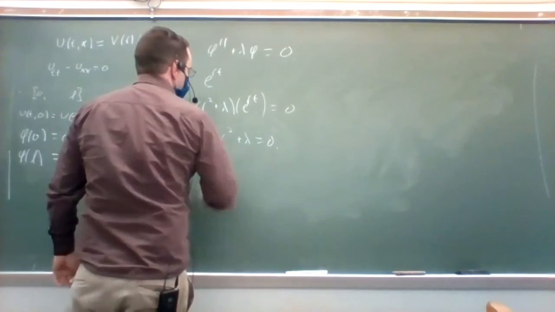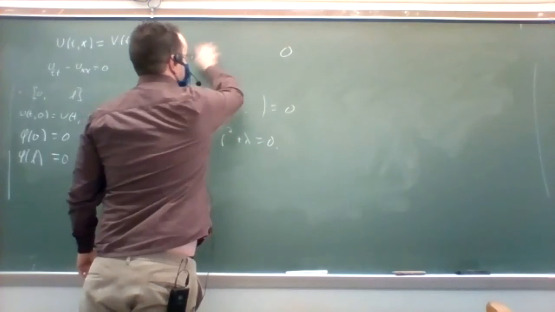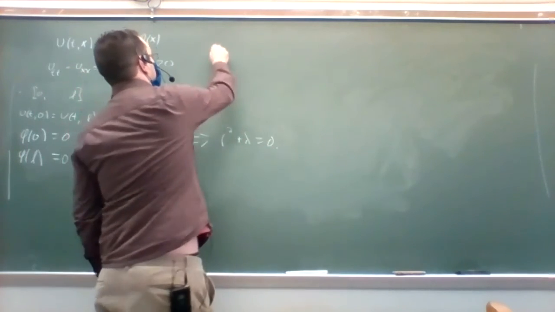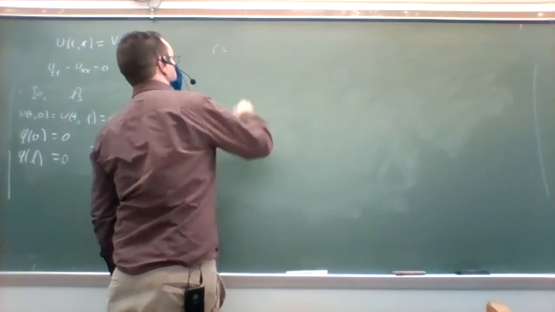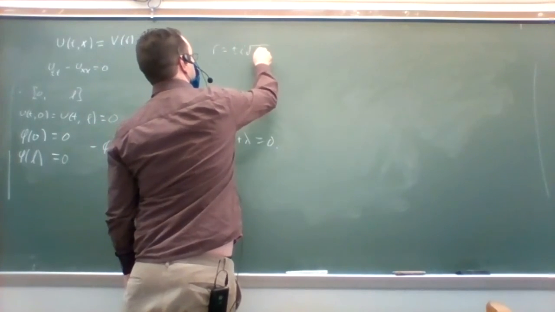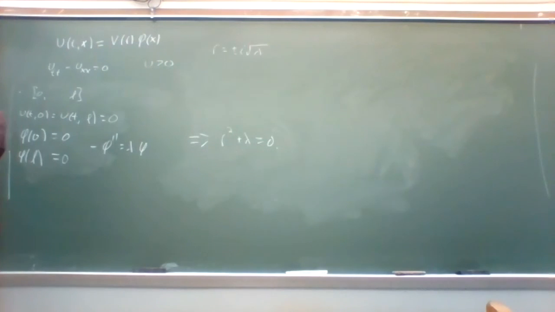And so what you want to do is solve that characteristic equation. And so you're going to get that r is equal to plus or minus i times the square root of lambda, right?